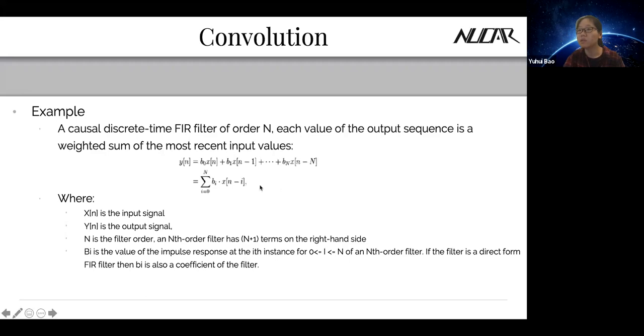X is the input signal, and Y is the output at position N. b_i is the value of the filter array, and N is the size of the filter.